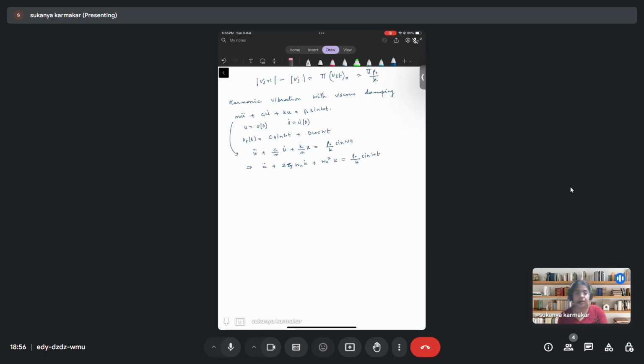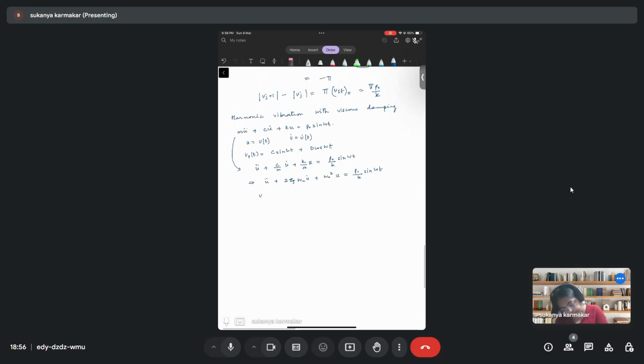And your particular solution is of the form c sine of omega t plus d cos of omega t. So just take the derivatives and substitute it in this equation. So u dot is c omega cos of omega t minus d omega sine of omega t.